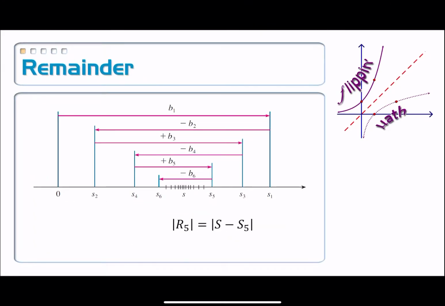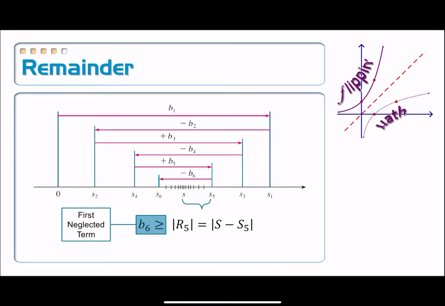That's very, very useful. All right, let's look at another one of these. So let's say that I was going to use the first 5 terms in order to approximate the sum of this alternating series. Well, the remainder here, again, is equal to the difference between the sum and the fifth partial sum, or at least the absolute value of that, which means, of course, I just want to subtract those two, s minus s sub 5. It's just a little distance, and that distance, if you compare it, you look it straight up, it's less than the next term, which is b sub 6, the first neglected term of the sequence. I went up to the fifth term, so the first neglected one is going to be the sixth one.